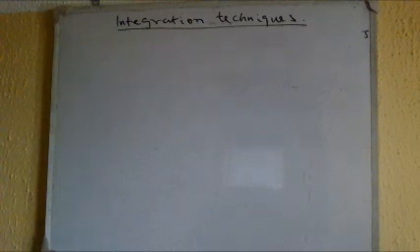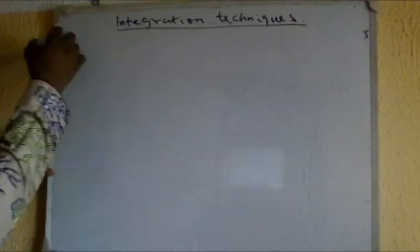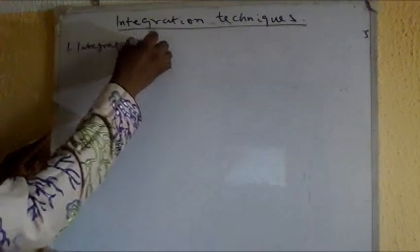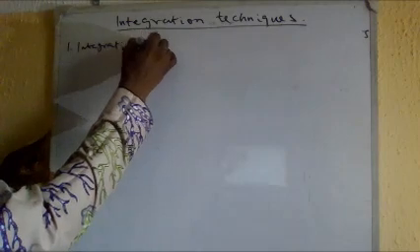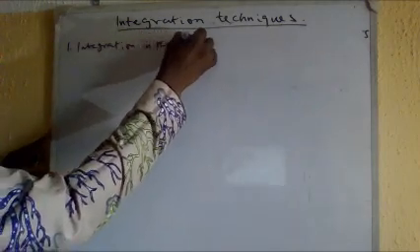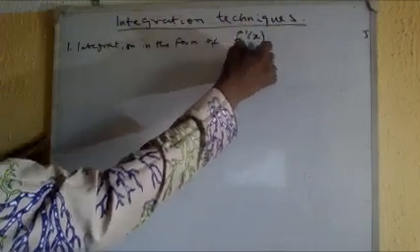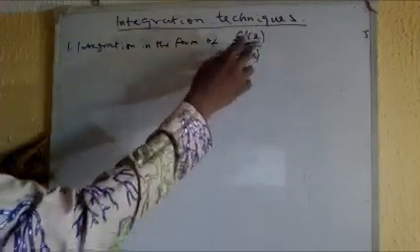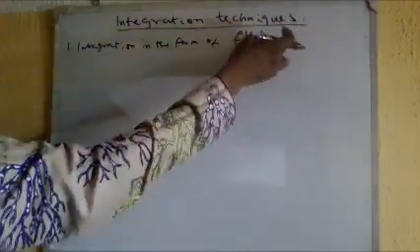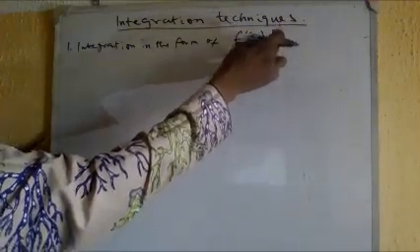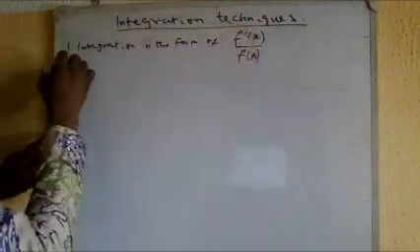In this video, we'll be looking at integration techniques. We'll look at integration in the form of differential. That is, if the differential of the denominator is the numerator, how do we integrate this form?